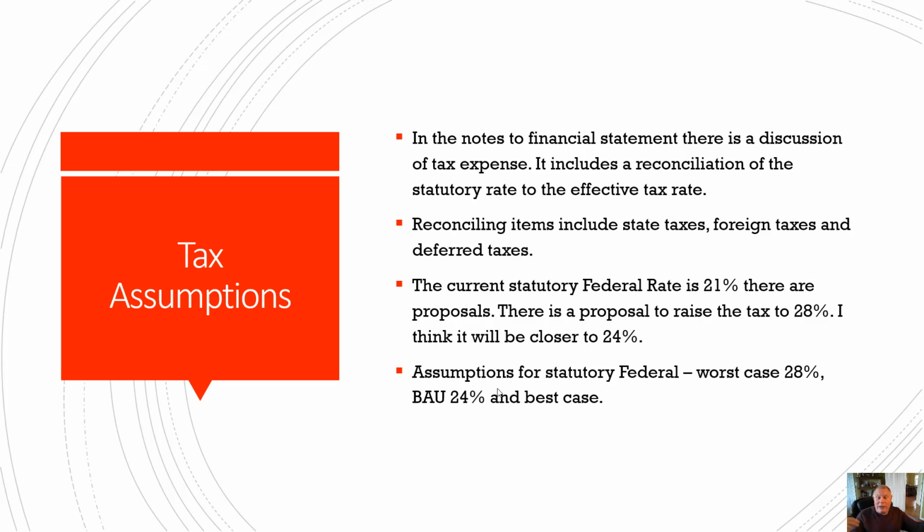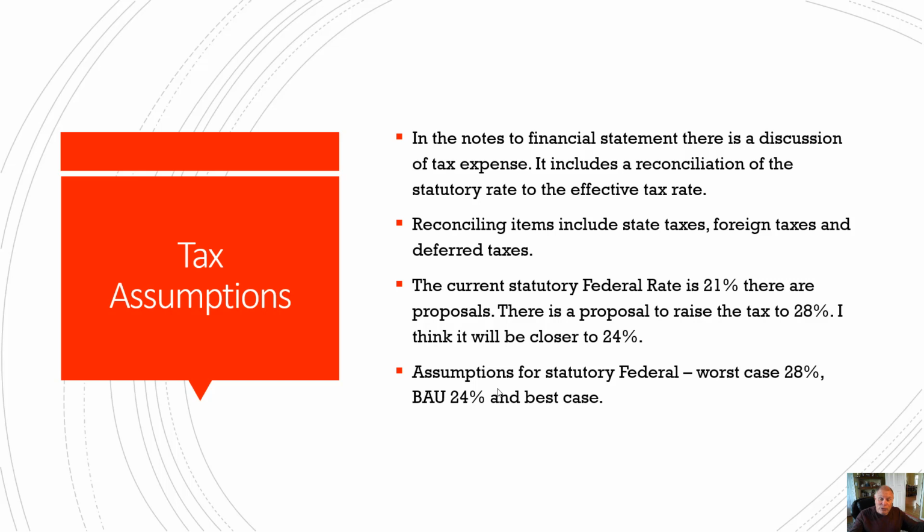One is to raise the tax to 28%. I honestly think it'll be closer to 24%, or what they'll do is raise it to 24 or 28 and give people credit for creating jobs or buying equipment.